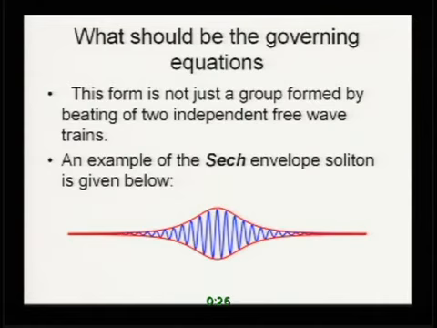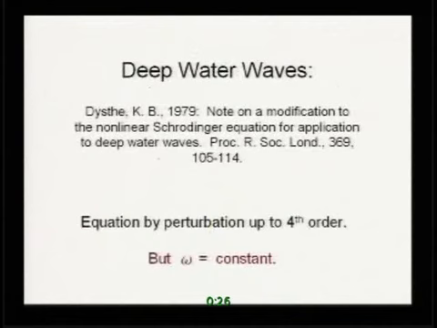Because of this soliton wave, there are people who proposed to use solitons as the base to do spectrum instead of using sinusoidal. The water wave, we know that it becomes the nonlinear Schrödinger equation.